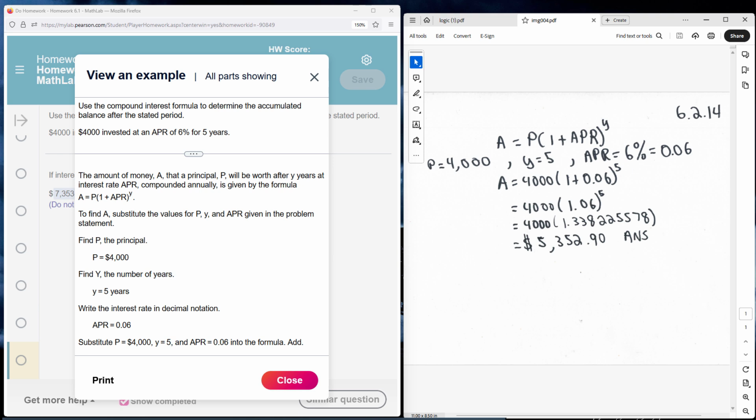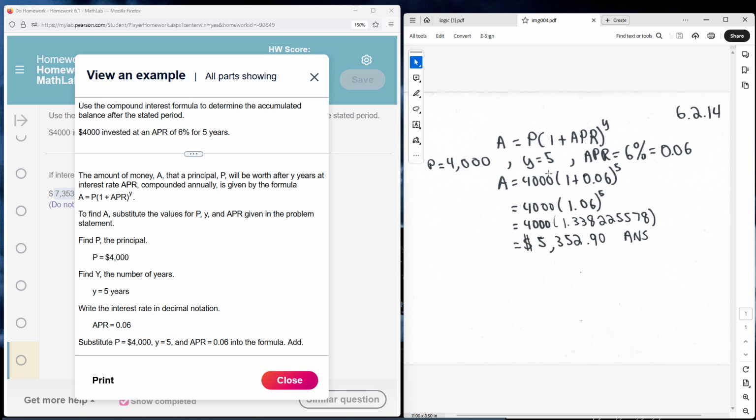So in approaching this problem, the very first thing I did was I wrote out my formula. A is equal to P times the quantity, 1 plus APR, raised to the Y power. In this case here, the P in the formula is the principal, the amount being invested.